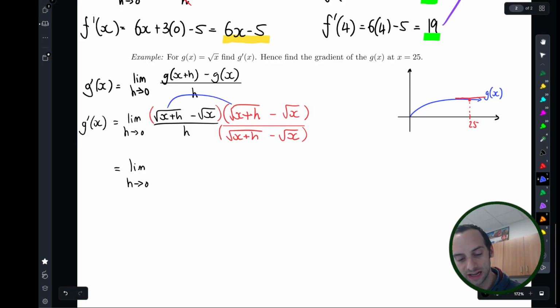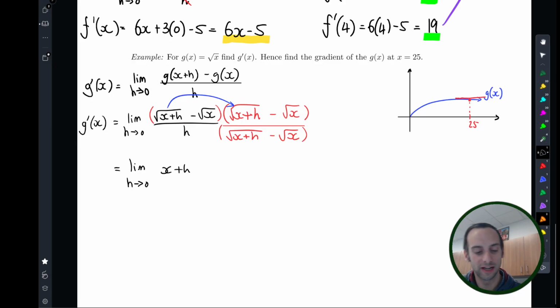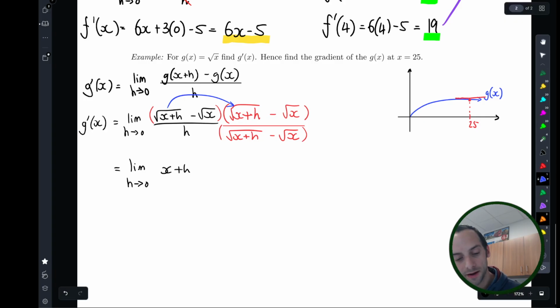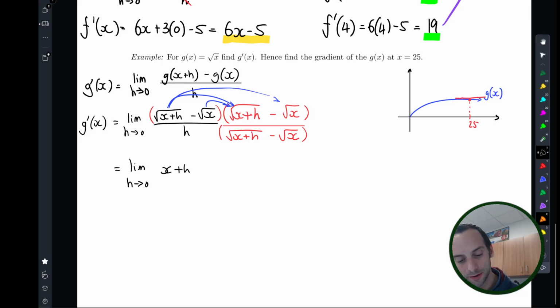So when we FOIL this out, first times first, those square roots should cancel. So we'll have x plus h. The outer and the inner should cancel each other out. We'll write them here just to make sure. So outer times outer would be plus the square root of x plus h times the square root of x.